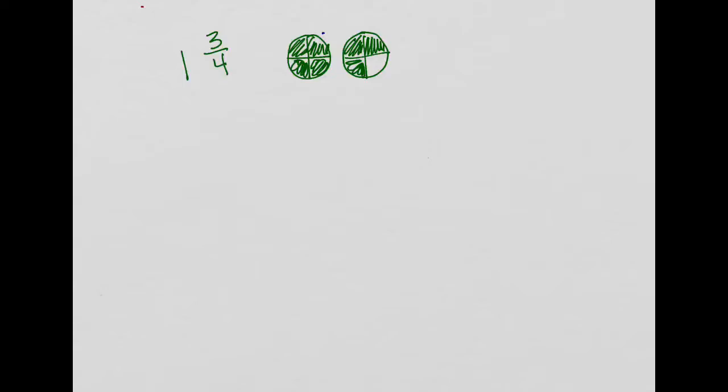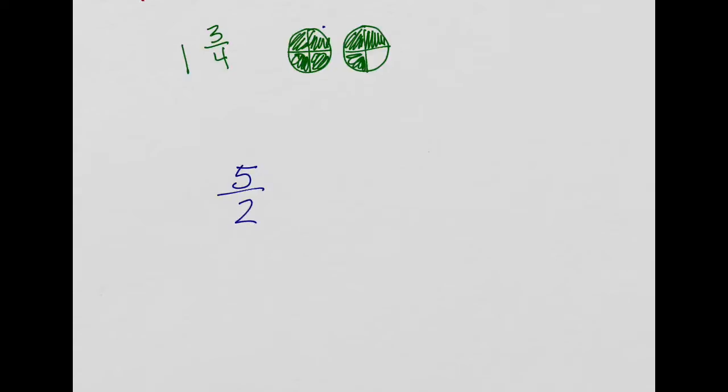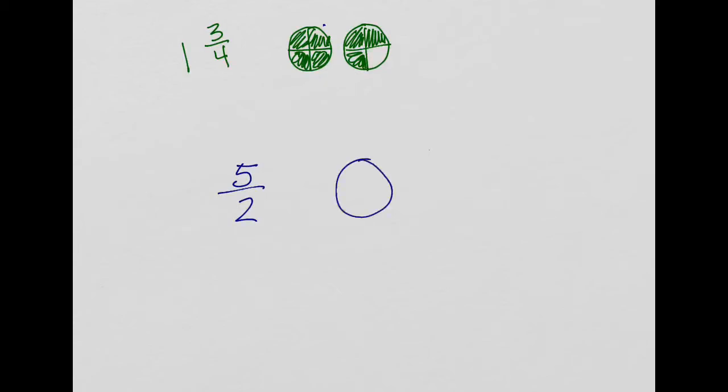Now, sometimes there's this thing called improper fractions, where you would see a number similar to this one, 5/2. Well, how can you have 5/2 when we know a half is only 2 pieces? That is because if I take a circle and I divide it into half, that's 1 piece, that's 2 pieces, this is 3 pieces, that's 4.